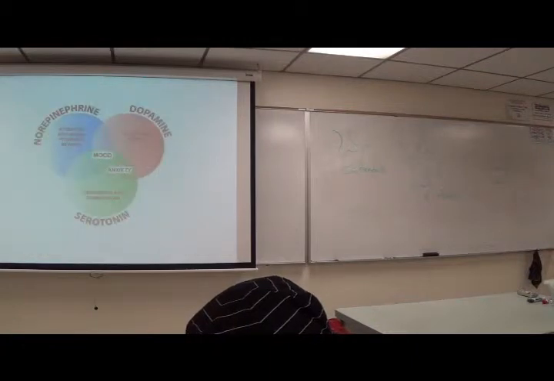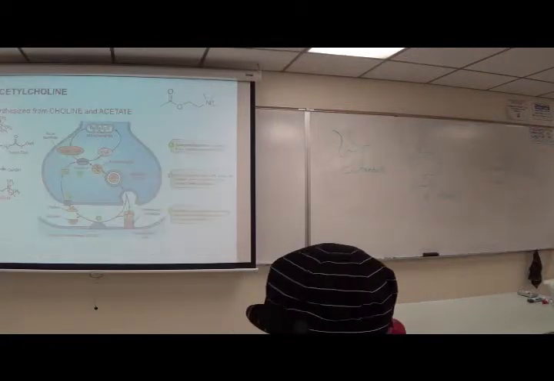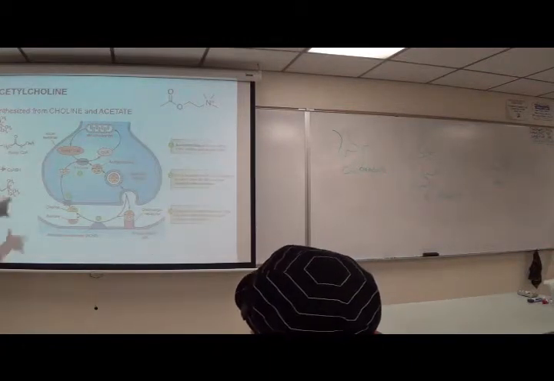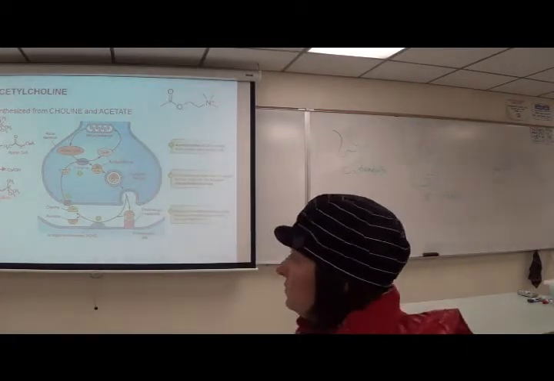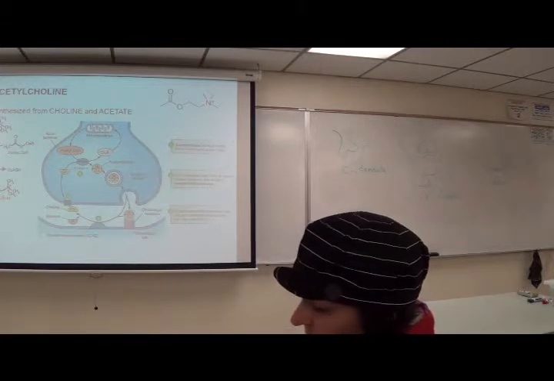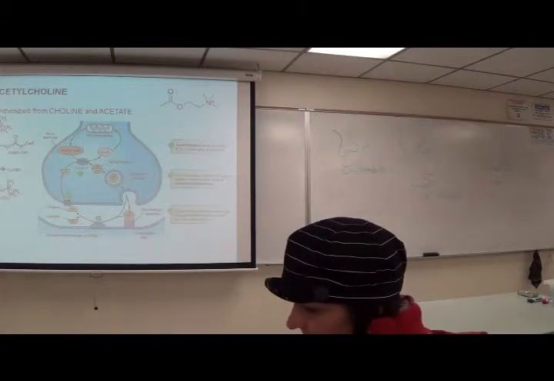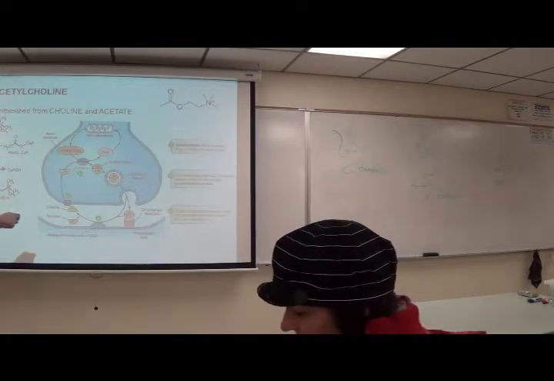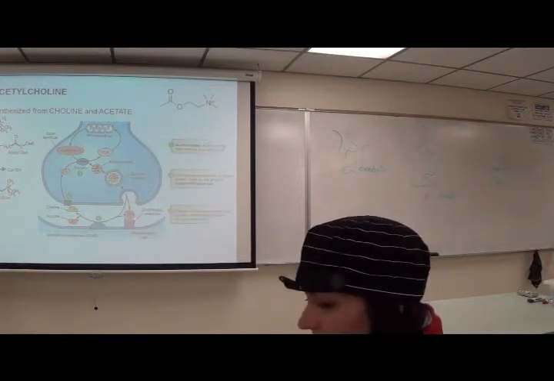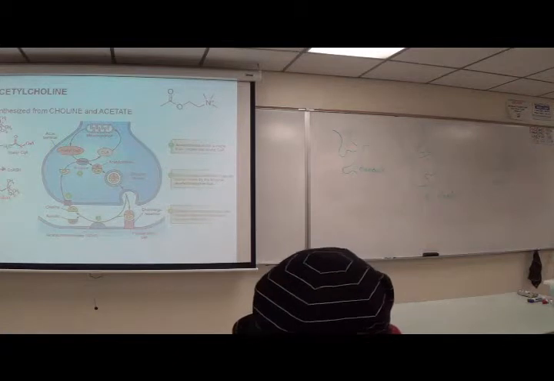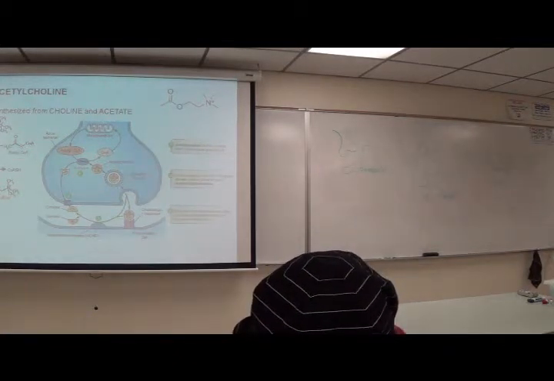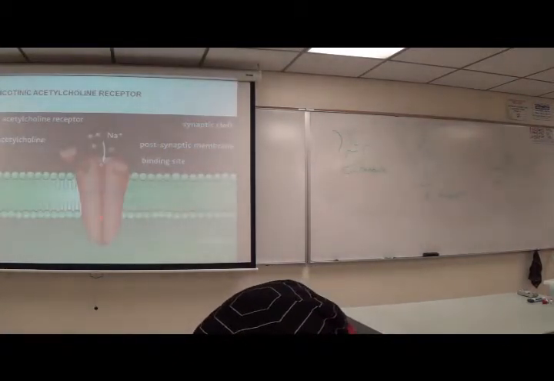I want to finish up with acetylcholine. So the acetylcholine is our neurotransmitter for the parasympathetic nervous system. Acetylcholine binds to a receptor. Again, it has two different types. Acetylcholine has ionotropic receptors.